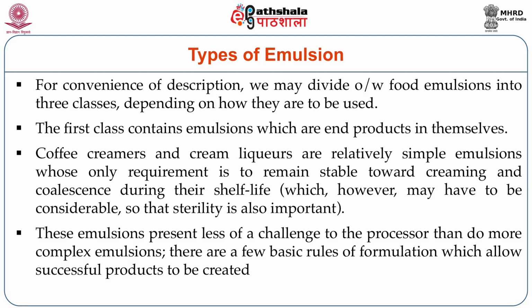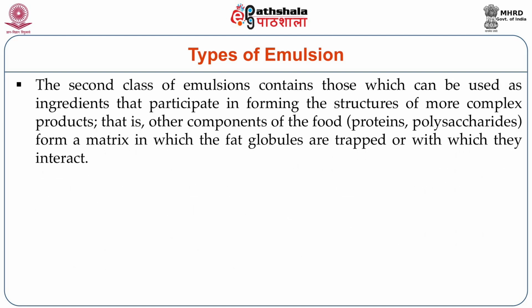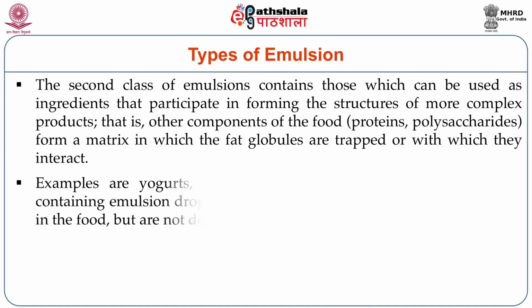There are a few basic rules for formulation which allow successful products to be created. The second class of emulsions contains those which can be used as ingredients that participate in forming the structures of more complex products, that is, different kinds of proteins, polysaccharides, etc., which form a matrix in which the fat globules are trapped or with which they interact.